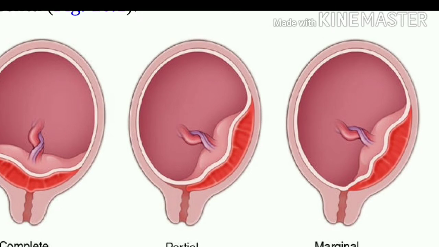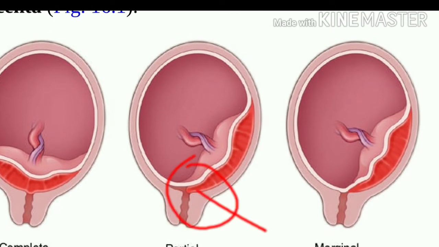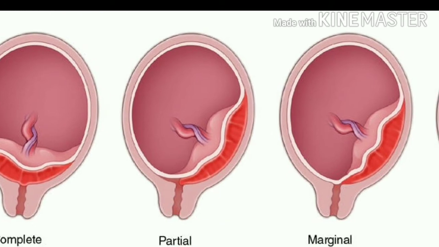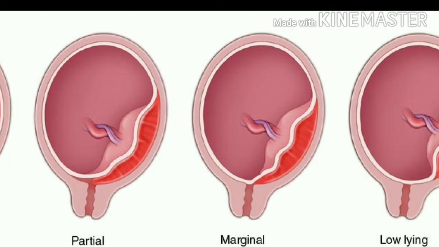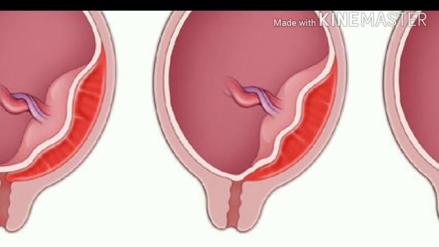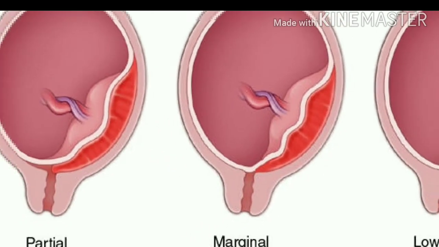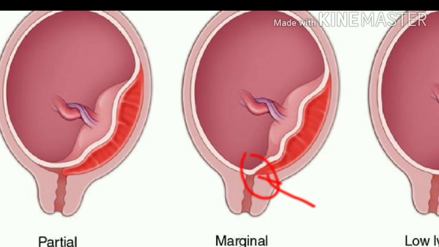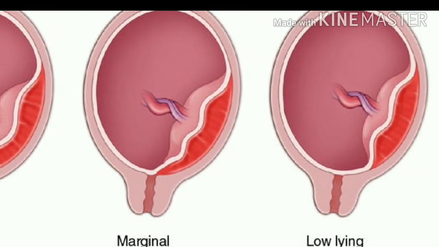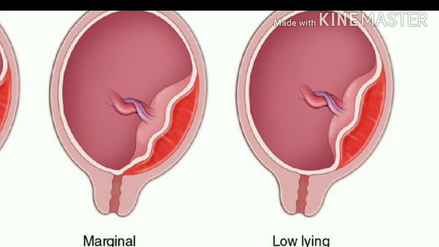In this one only a very small area is covered by the placenta, so it is called partial placenta previa. Here only 2 centimeters of the internal os is covered, which is called marginal placenta previa. And here it is not covering the internal os, but it is present in the lower segment of the uterus, so it is called low-lying placenta previa.